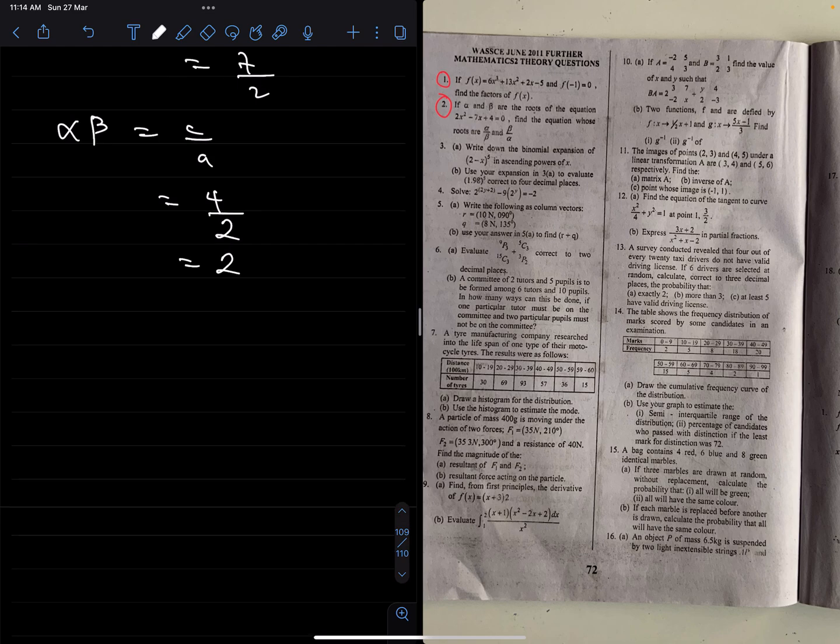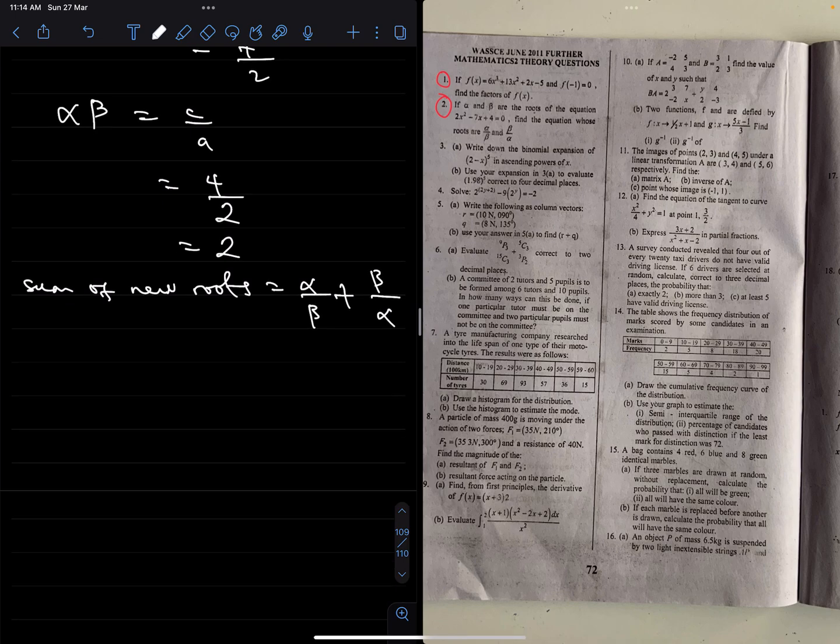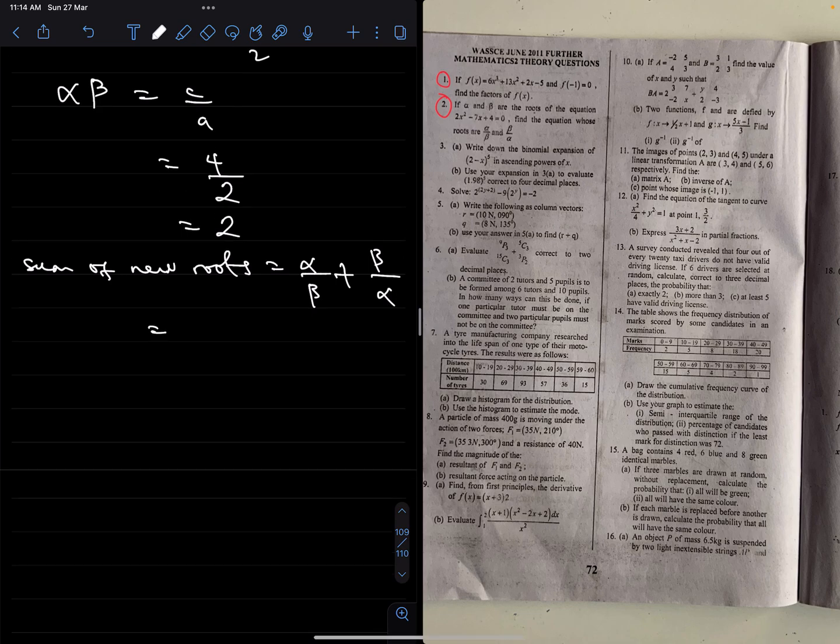So now, sum of new roots will be what? Alpha over beta plus beta over alpha. What's the LCM? Alpha beta.